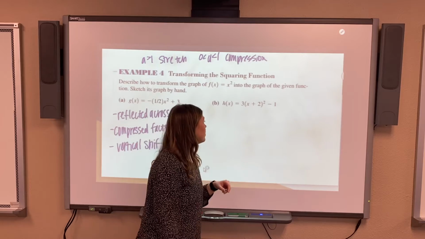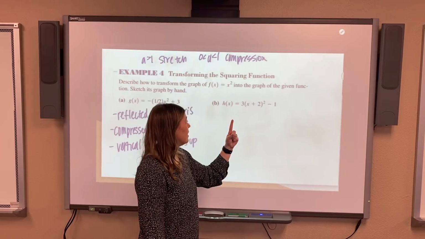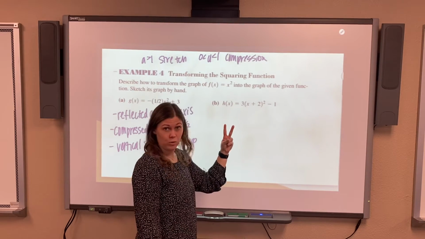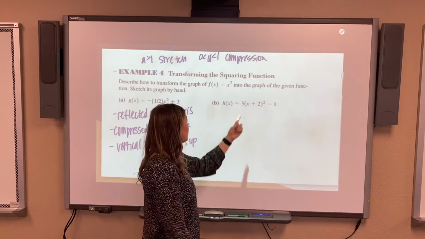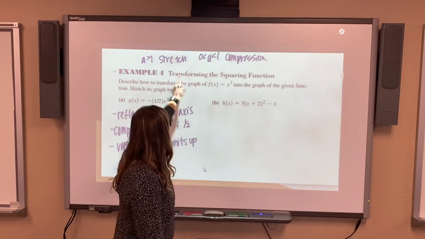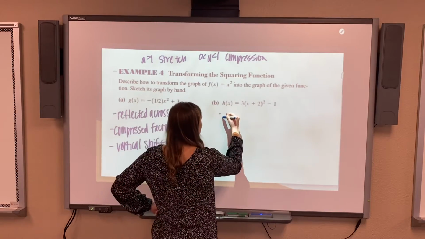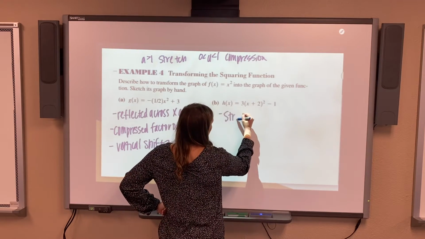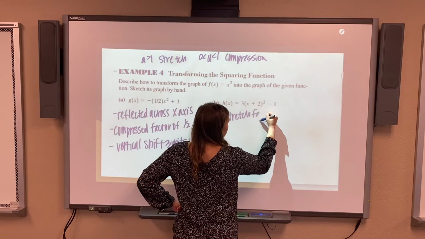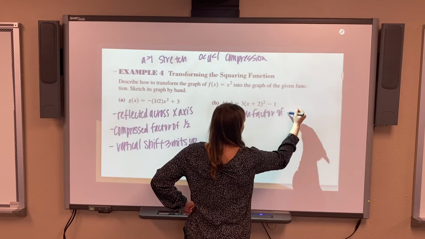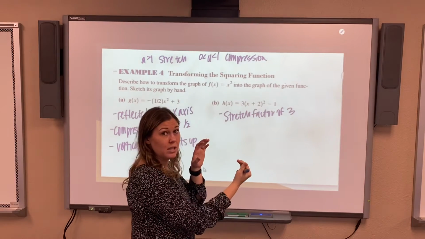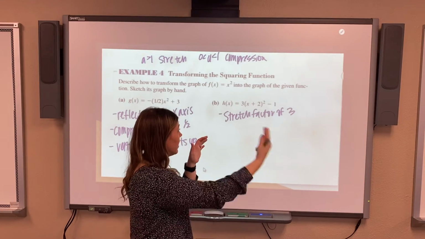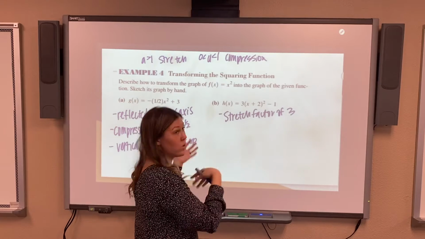So let's look at B. We have h of x is equal to 3 times (x plus 2) squared minus 1. Okay, so we have 3 transformations here. This 3, that's your a, it's greater than 1, so it is a stretch by a factor of 3. This plus 2 is inside the grouping, so it's like the opposite: it's plus 2, so it's actually to the left, horizontal.